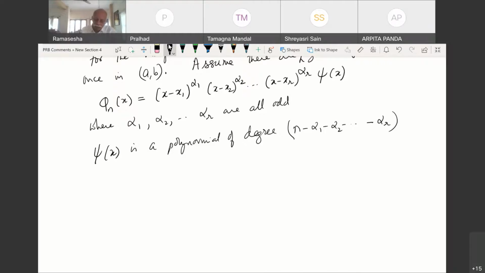Now let me consider the following. That is x minus x1. Let me multiply the left hand side to the right hand side.